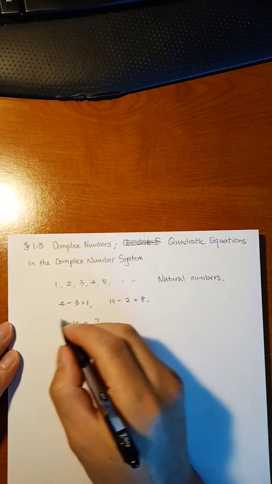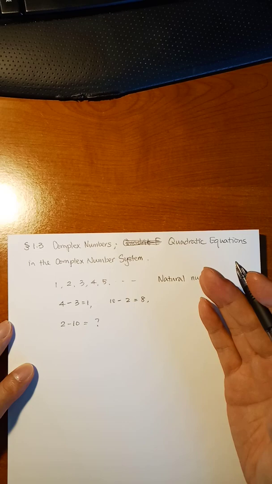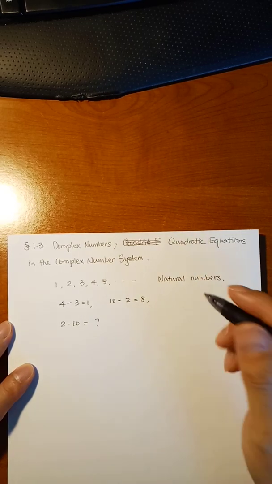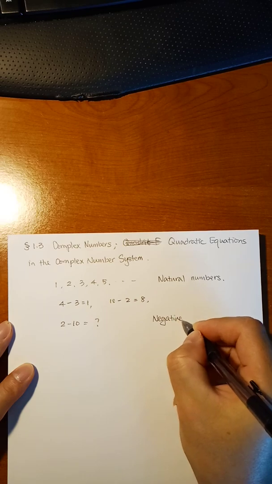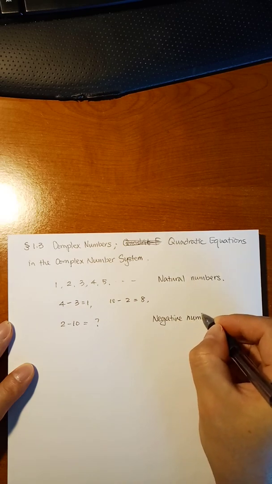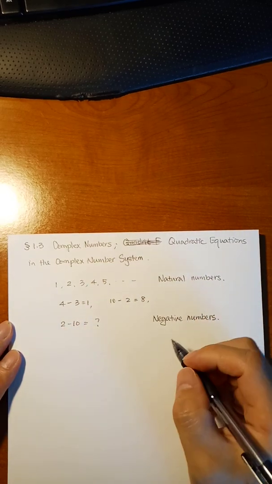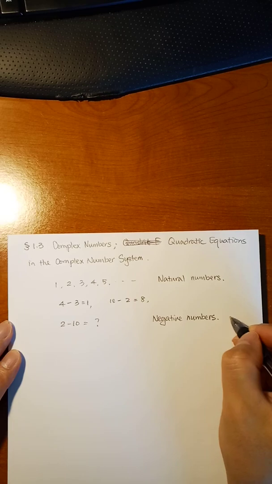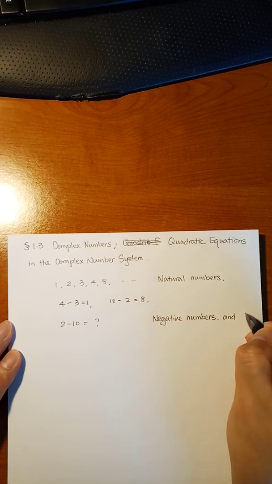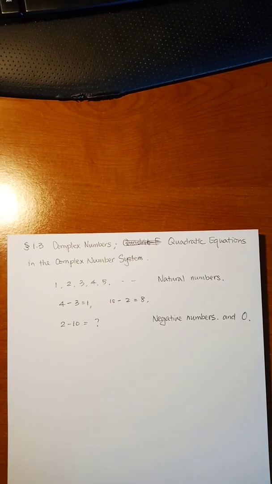So in order to solve this problem, we introduce a new type of numbers, negative numbers. Okay, we have negative numbers, and also we have a 0, if you want. 0 is not natural, 0 is an integer.